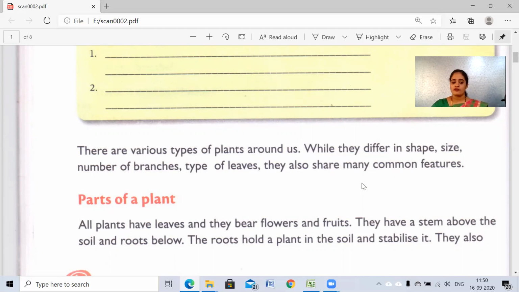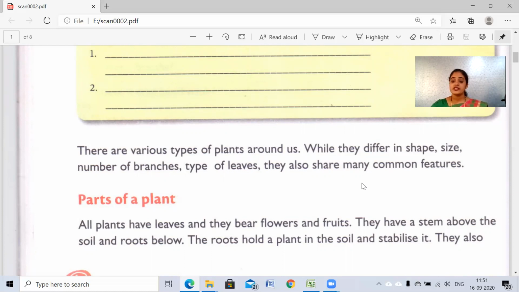All plants have leaves. If you see the plant, every plant has leaves. They bear flowers as well as fruits. In the plant you can see, in the stem part, flower, fruit, then a number of leaves, isn't it?